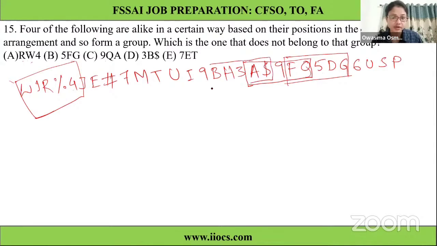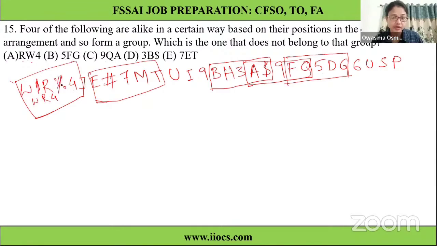So it is the group. Next, 7ET. So it is the group. So they are arranging this WR4.